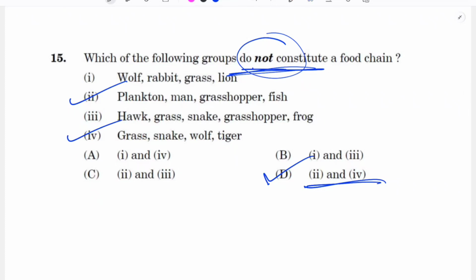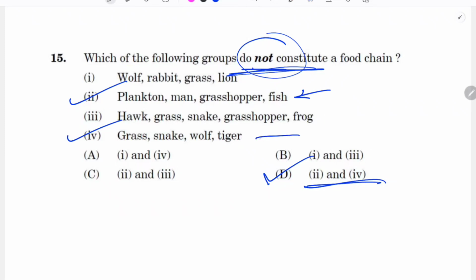Why? Because in the option 2, what is the case? This group does not form a complete food chain because grasshopper is a terrestrial organism, while plankton, fish and man can be part of an aquatic food chain. So we are unable to form the given case here.